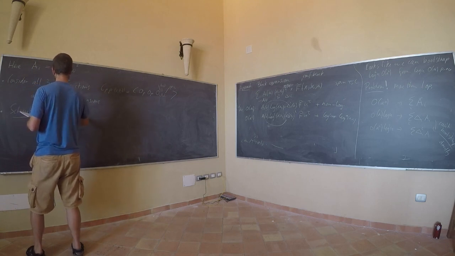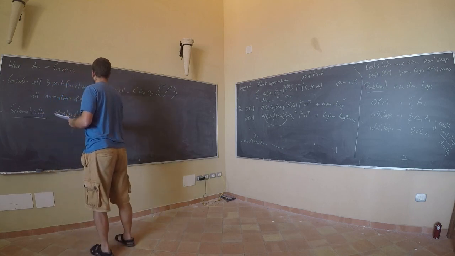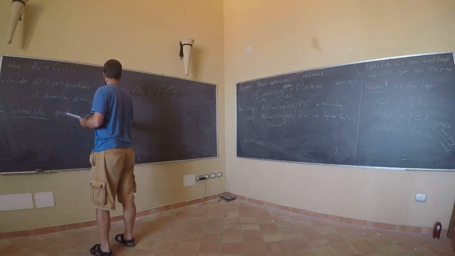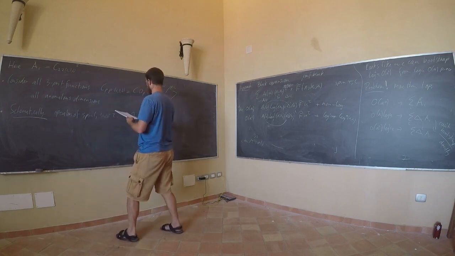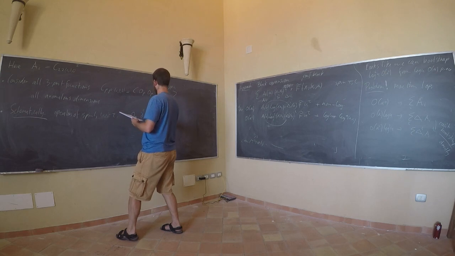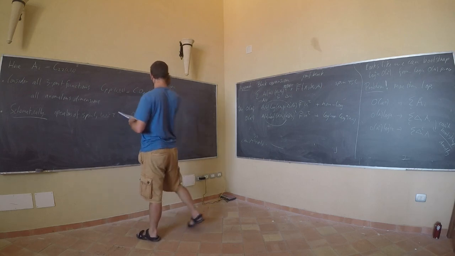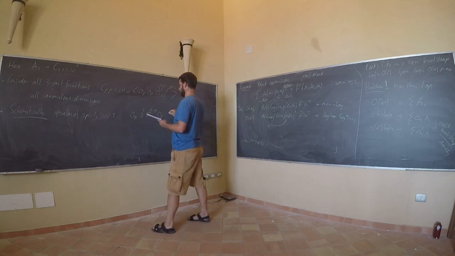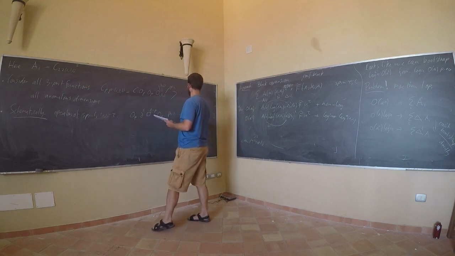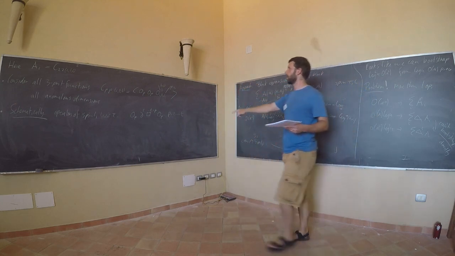Operators of spin L and twist T are of the form O_p, D to the S, box to the T minus p, O_p, where p equals 2 to T. P minus 1 is effectively this I index.